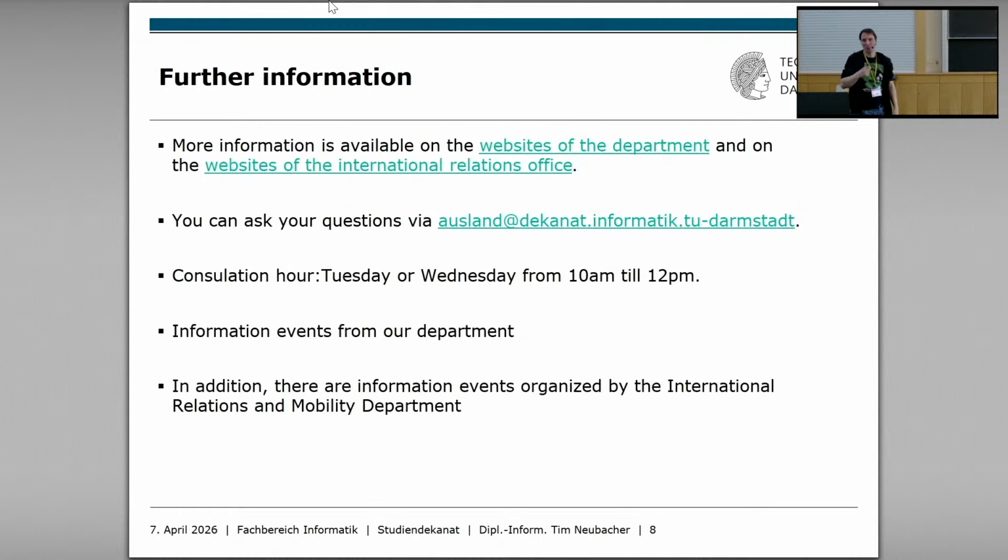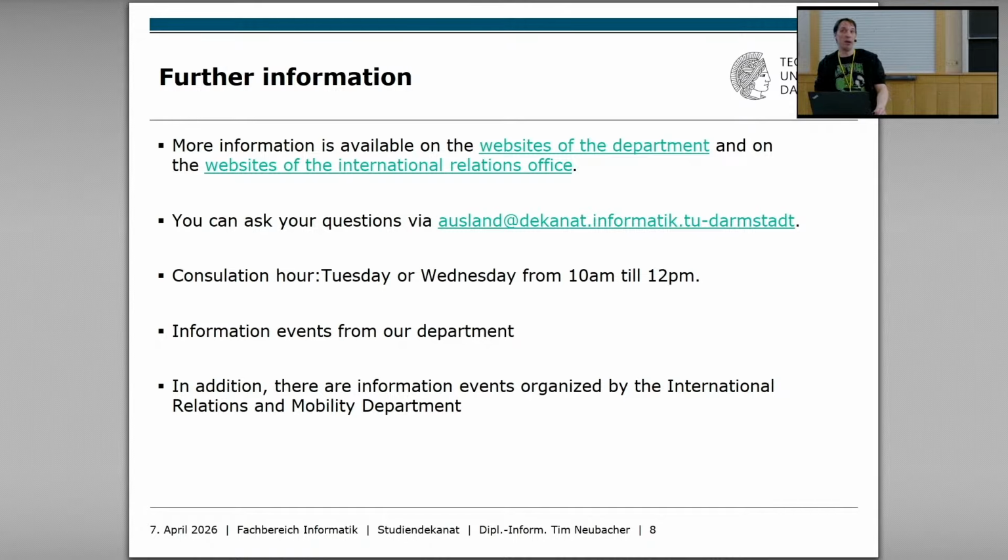All right. So, besides the consultation hours, where can you gather the information? On our websites, of course. On the websites of the International Relations Office, you will find the partner database there. You can also just Google Partner Datenbank TU Darmstadt. In the consultation hours, via email, good luck with that.